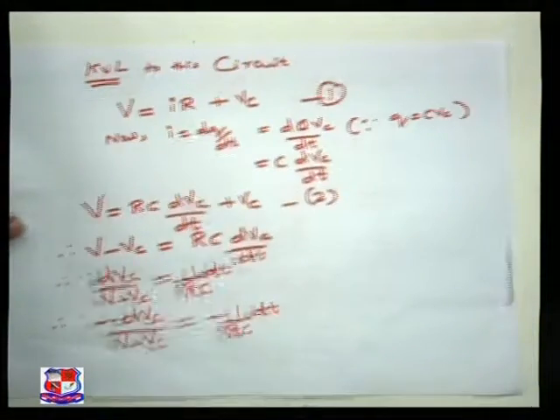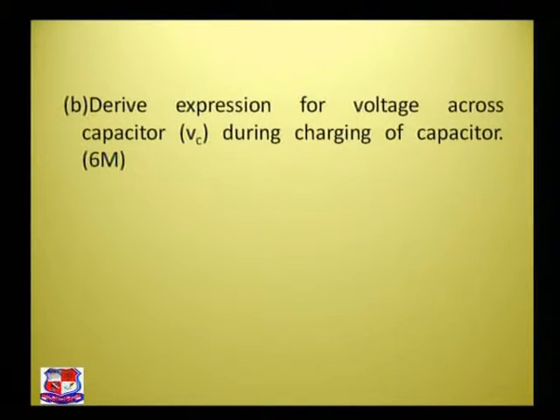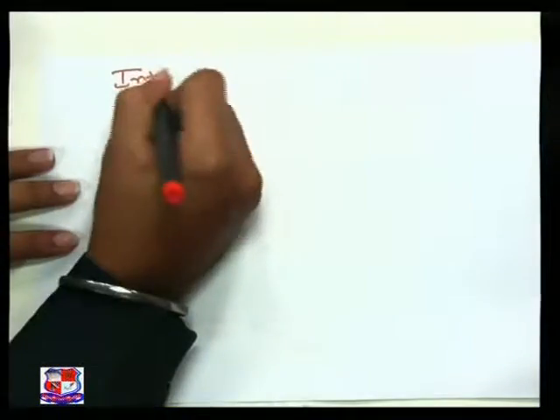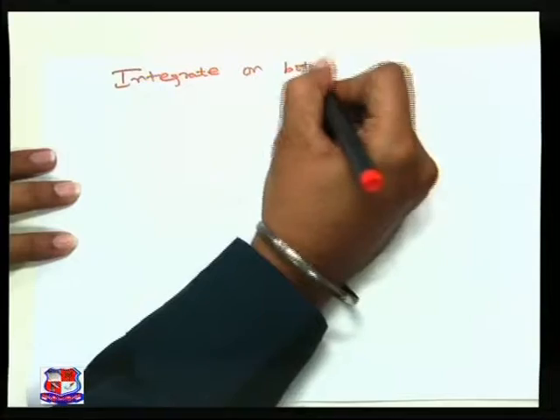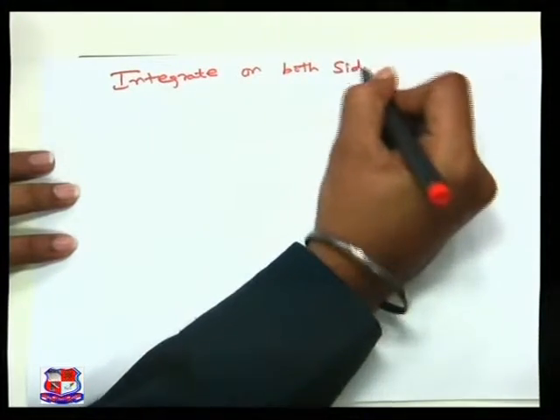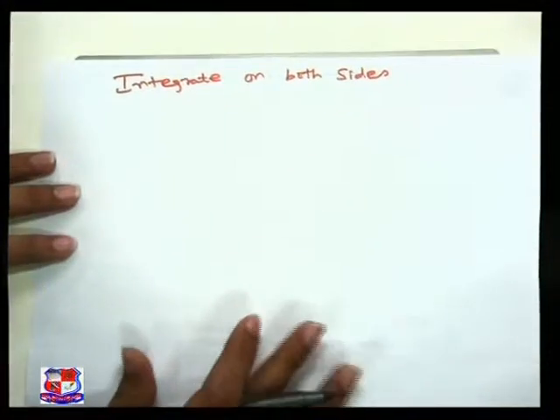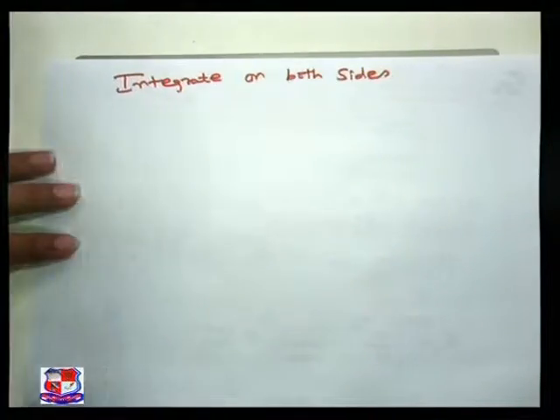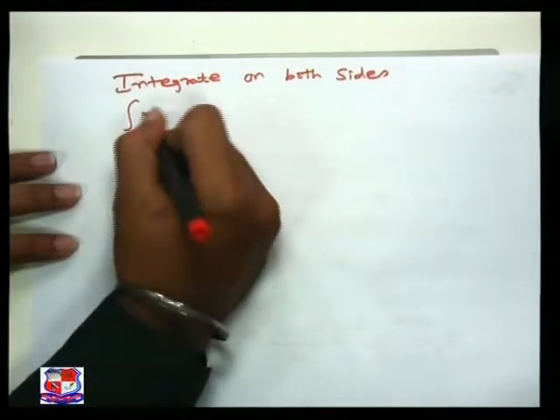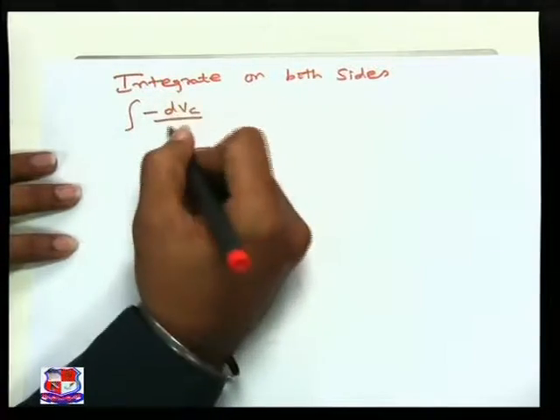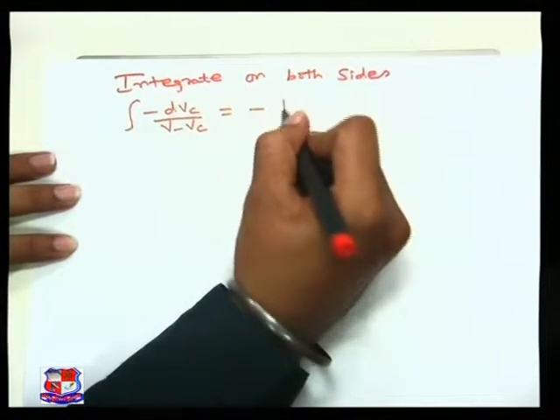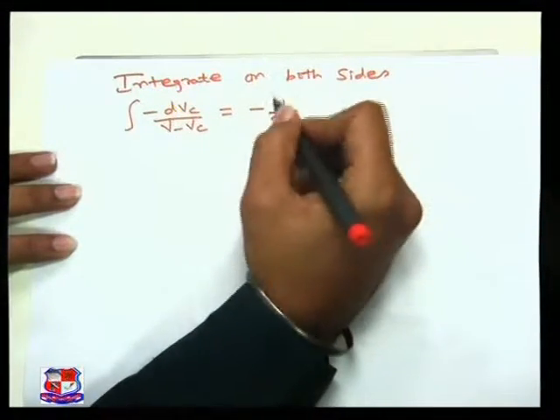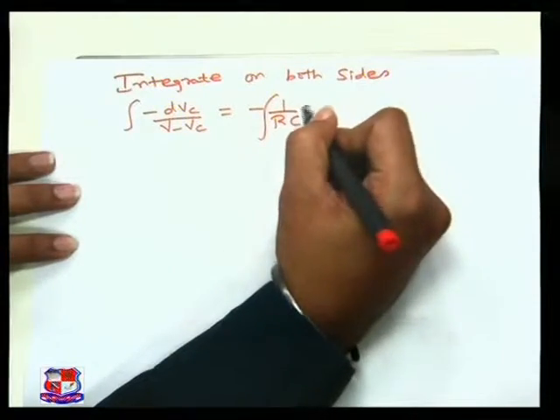Okay. Next we will integrate on both sides. So the integration will be minus dVC upon V minus VC equal to minus 1 upon RC dt.